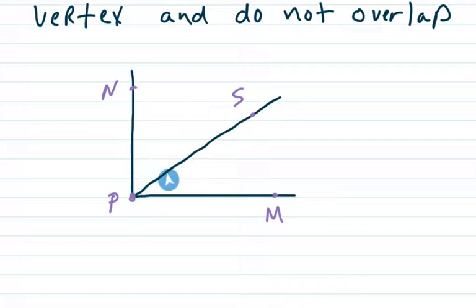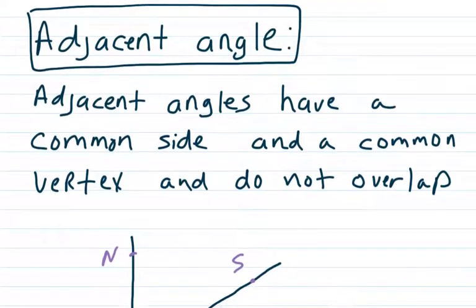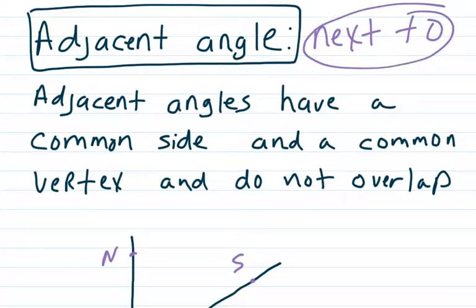Like this angle right here is next to this angle right here, and they both share the same vertex, and they both share this side right here, or this line right here. Okay, so that's what an adjacent angle is. And I'm going to give you another little nugget. Adjacent means next to. So make sure you remember that.